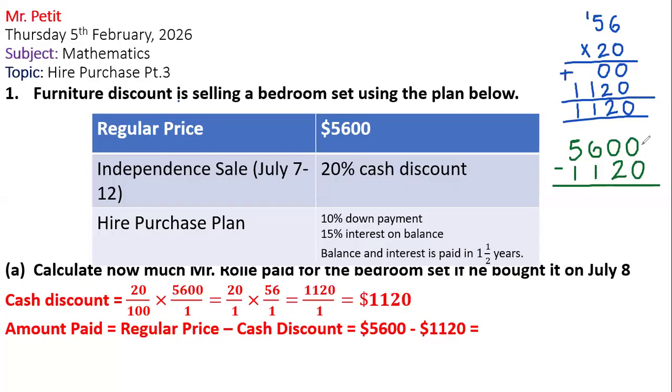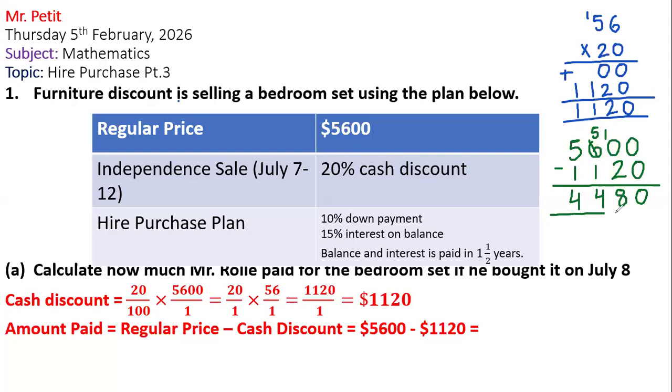And so we have 0 minus 0, which is 0. 0 minus, we can't really do that. We have to borrow. This becomes 5. This becomes 10. 10 minus 2 is 8. 5 minus 1 is 4. And 5 minus 1 is going to be 4.